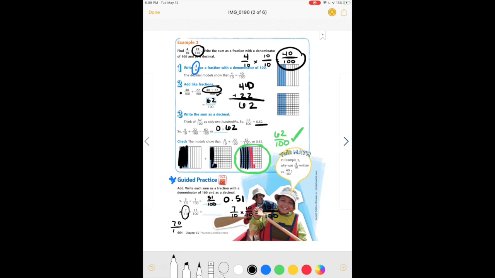So now we have 70 hundredths plus 13 hundredths. What's 70 plus 13? 83 hundredths. Now we need to write it as a decimal. We have 0 wholes and we have 83 hundredths.